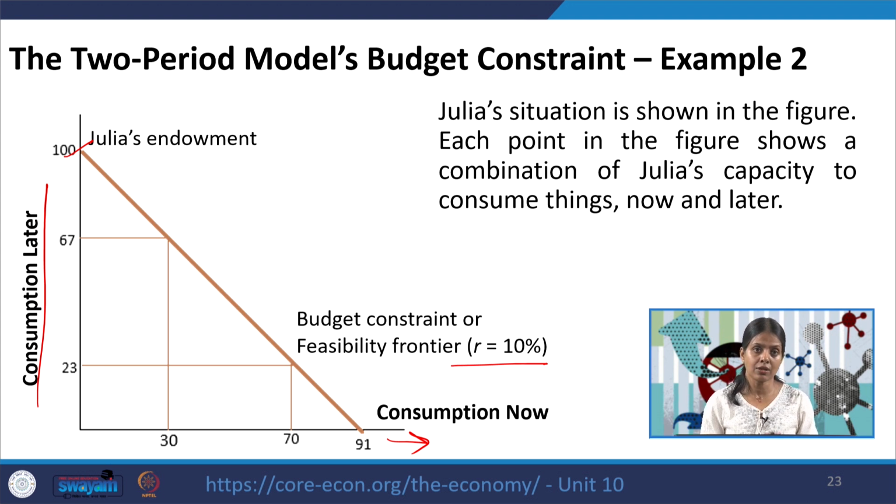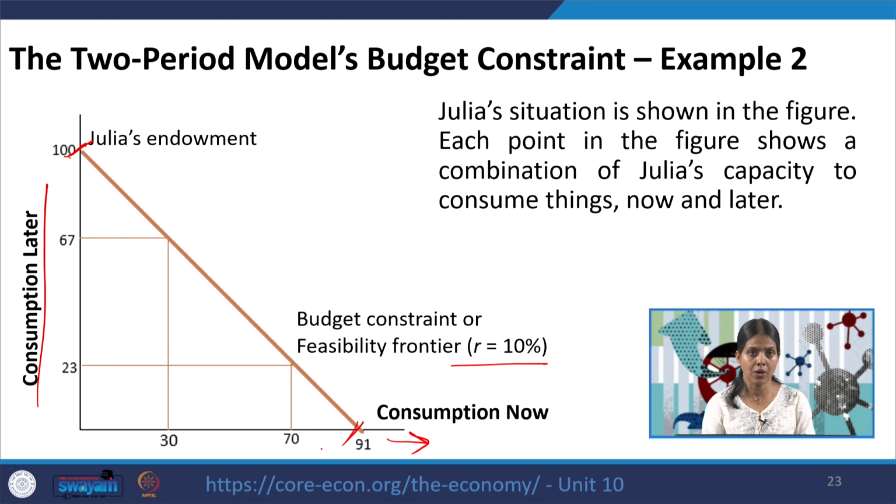If she does not consume anything this month, then she would be consuming the entire 100 rupees in the next month. Alternatively, if she decides not to consume anything in the next month, or she is too impatient, expecting 100 rupees, she borrows heavily from the market. What is the maximum amount she can borrow from the market?